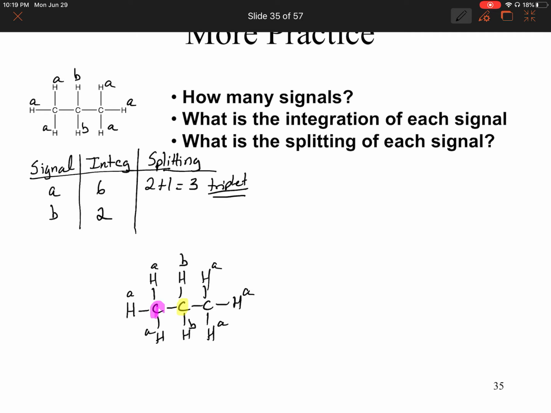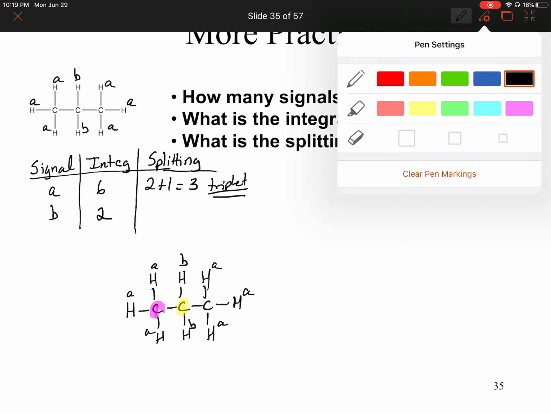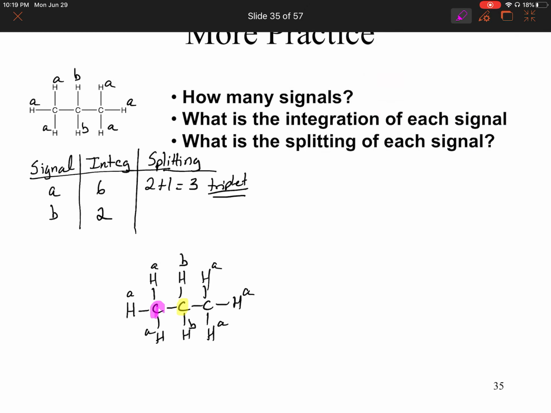Right? So now let's look at HB. HB lives at the yellow house. Its immediate neighbors, to both sides here, are this pink house. On one side, there's 3 hydrogens that live on that pink house. On the left side, there's another 3 hydrogens that live at that pink house.